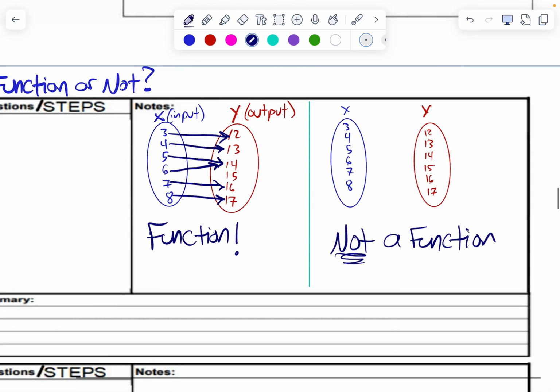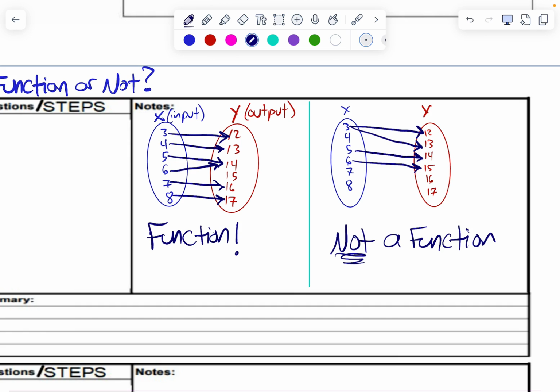Okay. So here's the big idea. Already that's not a function. Why? Yeah. That 3 is pointing to 2 different things. So 12 and 13, right? So even if the rest of this is okay, I'm not going to make it okay, but even if it was, it's not a function.